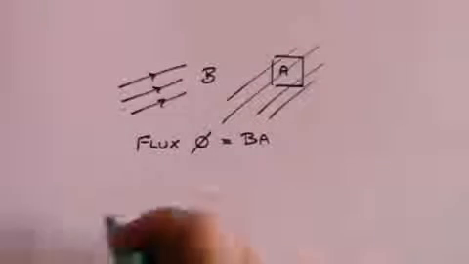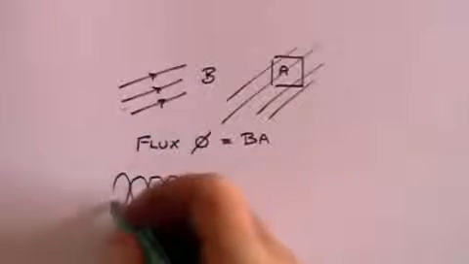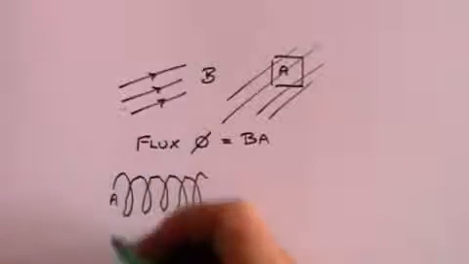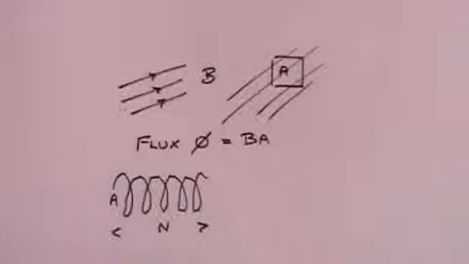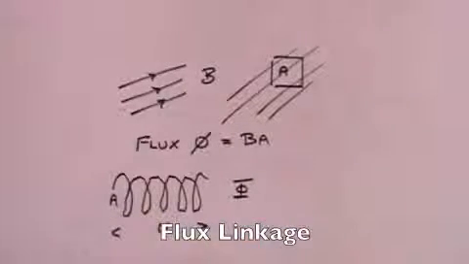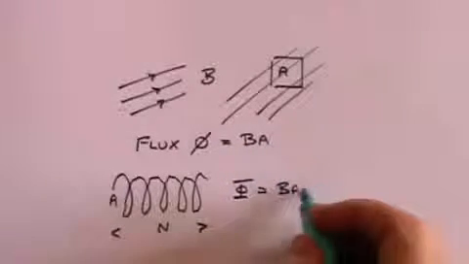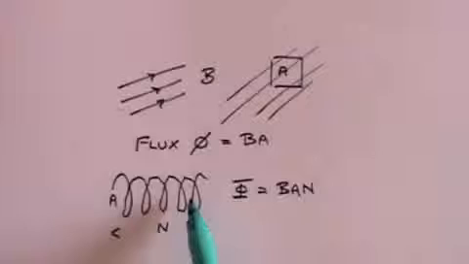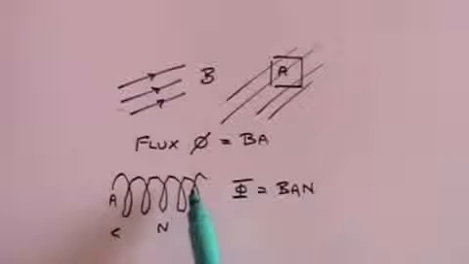In the case of a solenoid, which is several coils of wire, let's say that the cross-sectional area of that coil is A, and that there are N turns in the wire, then the flux, or what we call flux linkage, which is given by capital Phi, is equal to BA, as before, multiplied by N, the number of turns, because essentially the magnetic field is going through the area not just once, but every time it comes to another coil it's going through that area again.